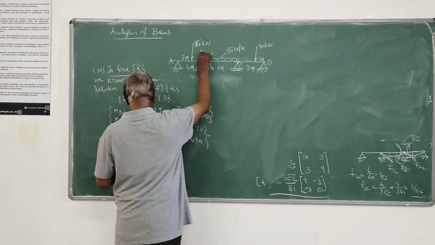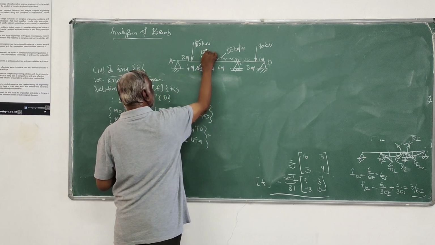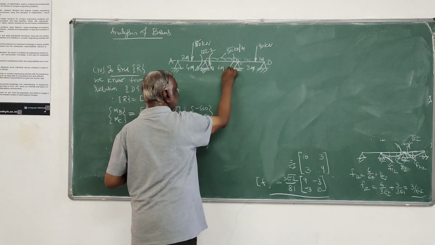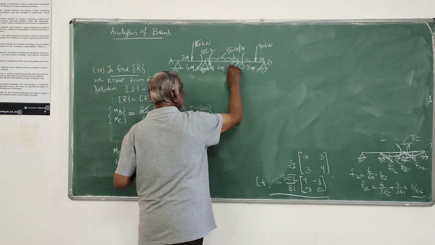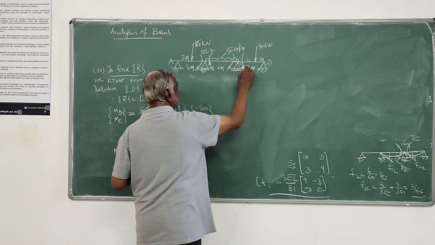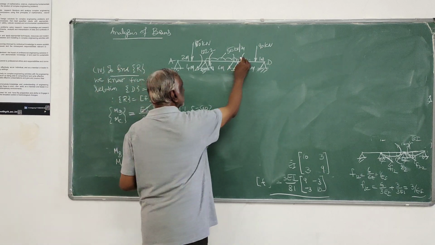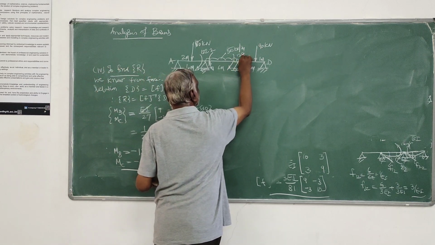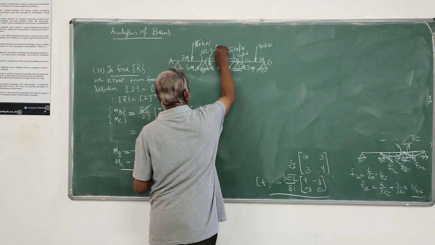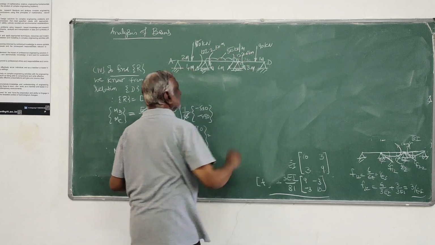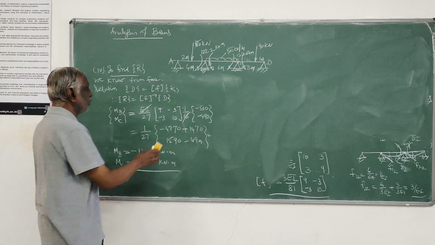So these values are nothing but 122.2. On the same lines, this also is to be reversed. Instead of sagging, I am getting hogging moments at the supports, naturally. So this will be 122.6 kilonewton meter. So these are the support moments.